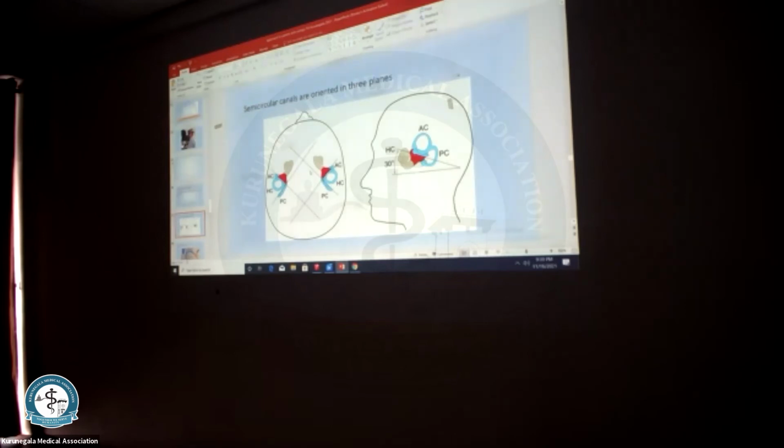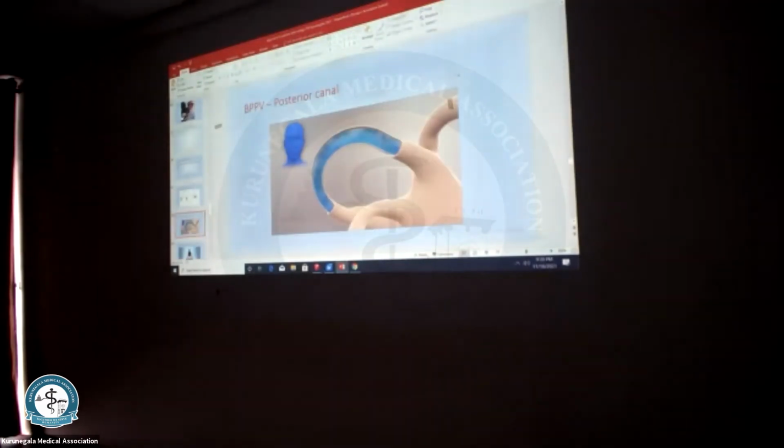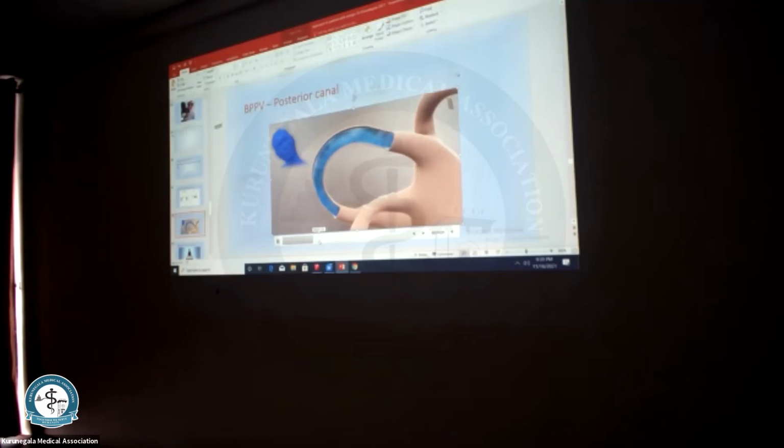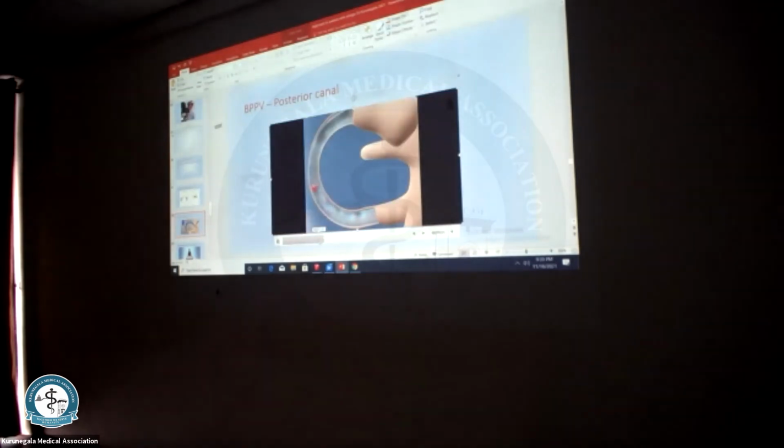So, I mentioned this earlier also. These semicircular canals are oriented in specific planes, 3 on either side. So the commonest we see is the posterior canal BPPV. What happens in BPPV is there will be small calcium carbonate particles detaching from the utricle and falling into the semicircular canals.